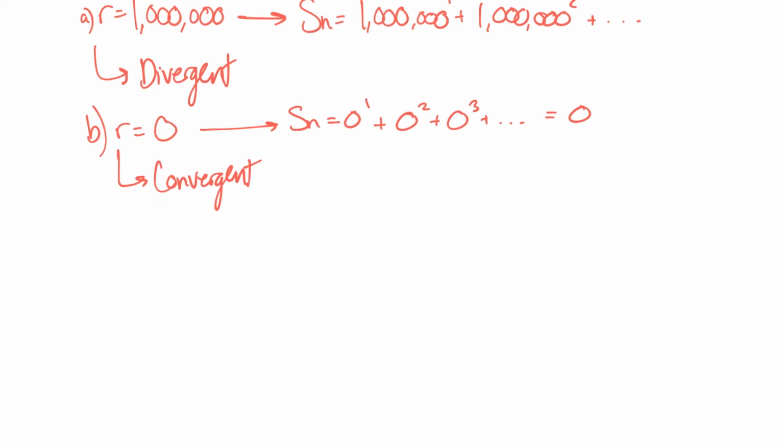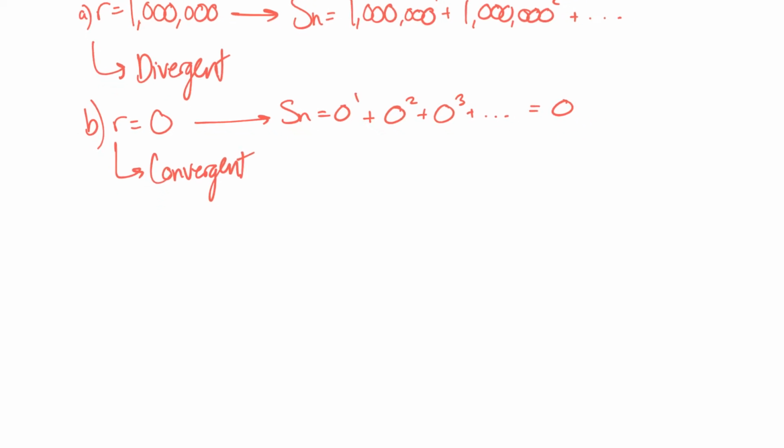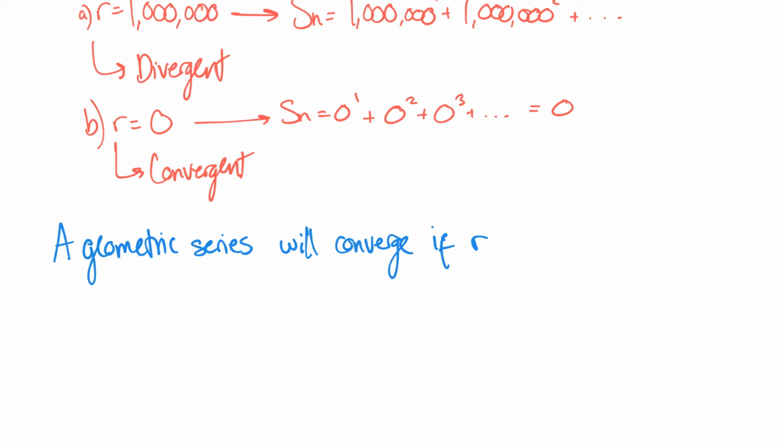So the rule is going to be that a geometric series will converge if the absolute value of r is less than 1.